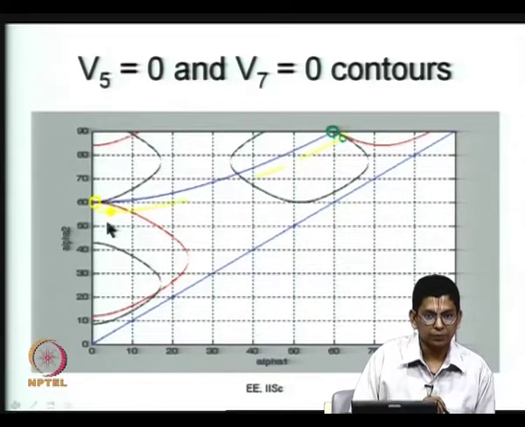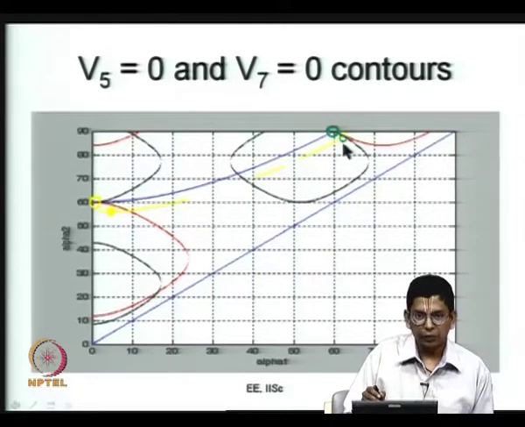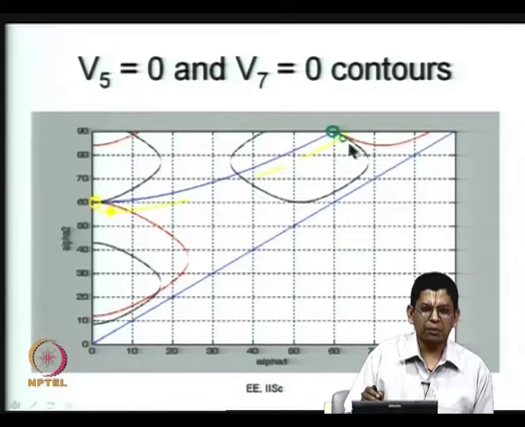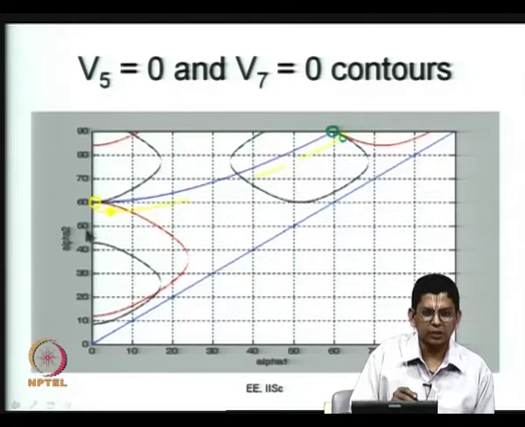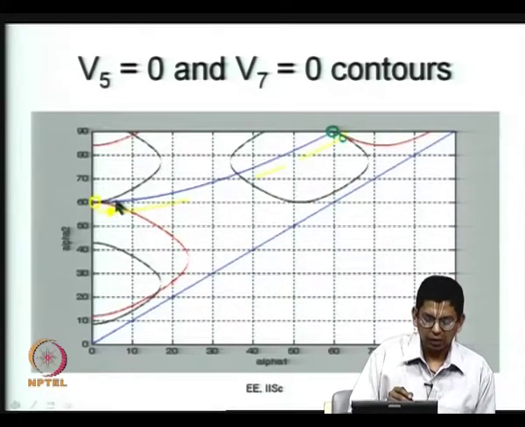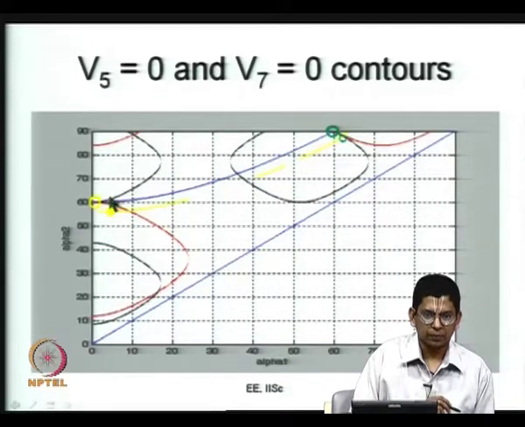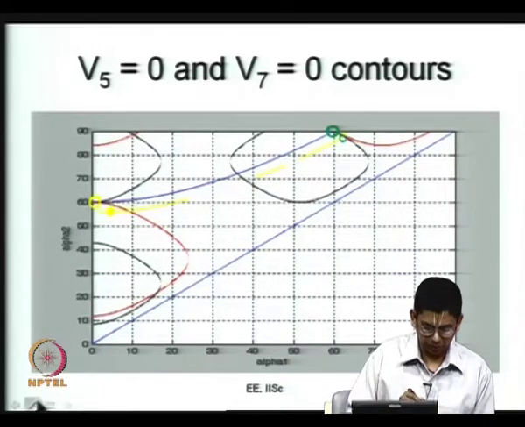Why is that so? At the green point, both V5 and V7 are kept reasonably low, whereas if I choose this yellow point, this may also give me the same fundamental voltage. I am reasonably closer to V5 equals 0, a little farther too, but I am far away from V7 equal to 0.